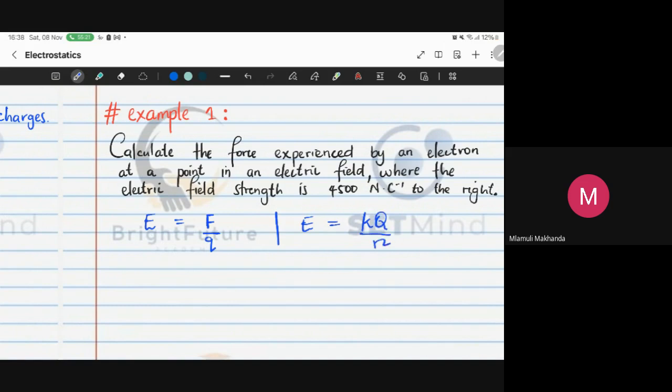We don't know how far it is from the center or from whatever charge is generating the electric field. We, however, know the electric field strength, and we know the charge because the charge of an electron is a constant, I think it's 1.6 times ten to the power negative nineteen, but it should be negative. Let's see, of an electron.